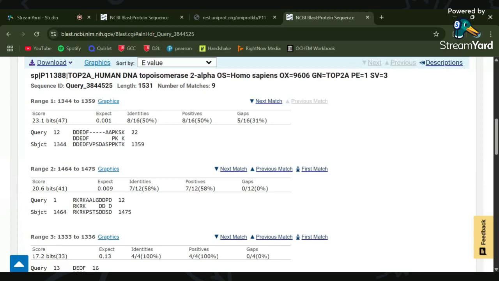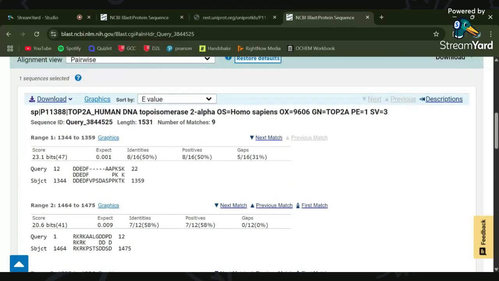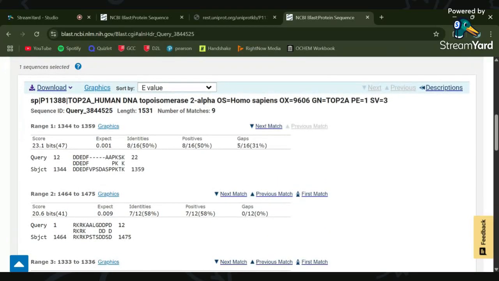For me personally, there is definitely differences. You don't even know where I'm looking. All right, the first one. So we'll go with the searches from beginning toward the bottom. The top one, it says DDEDF.